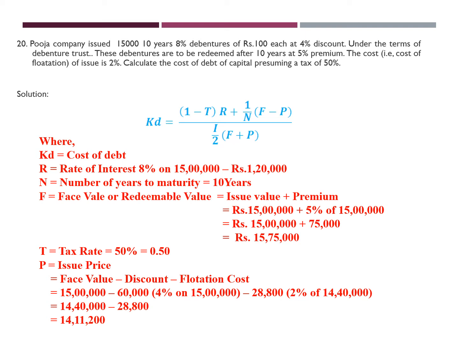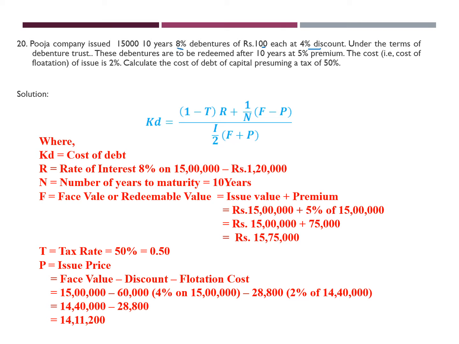The cost of flotation of issue is 2%. Calculate the cost of debt capital presuming a tax of 50%. Okay, clear? Understood? Debentures are there, 15,000 of rupees 100 each, at 4% discount.